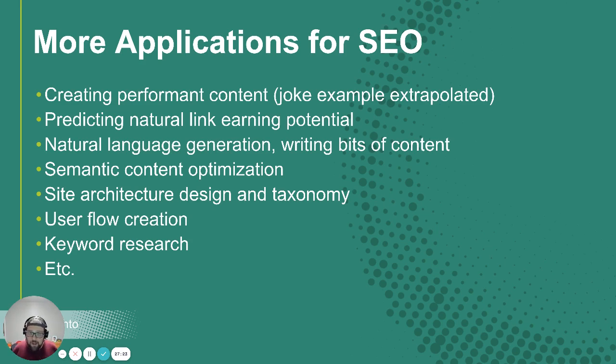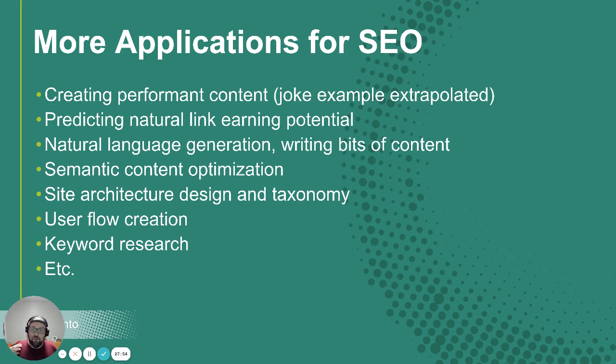There's certainly more applications than my crude example of using joke data. You could use it to better understand what is performant content. So I used joke data to say how many upvotes on Reddit it would receive, but we could do a similar thing with this content performing better on search results, or this title performing better on search results, something like that. You could do things like predicting natural link earning potential.